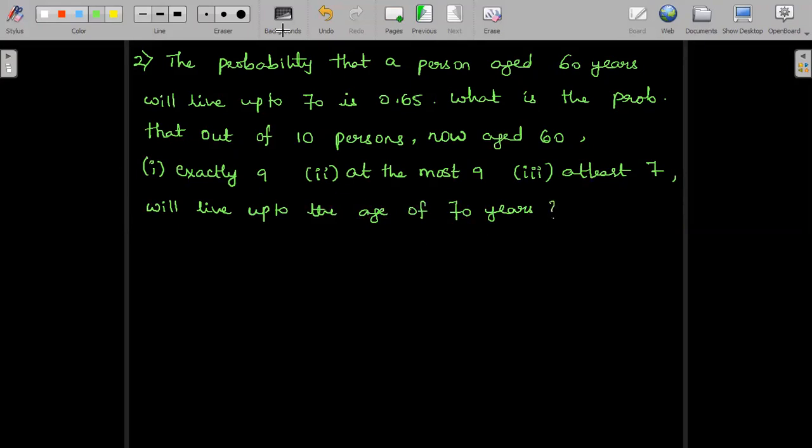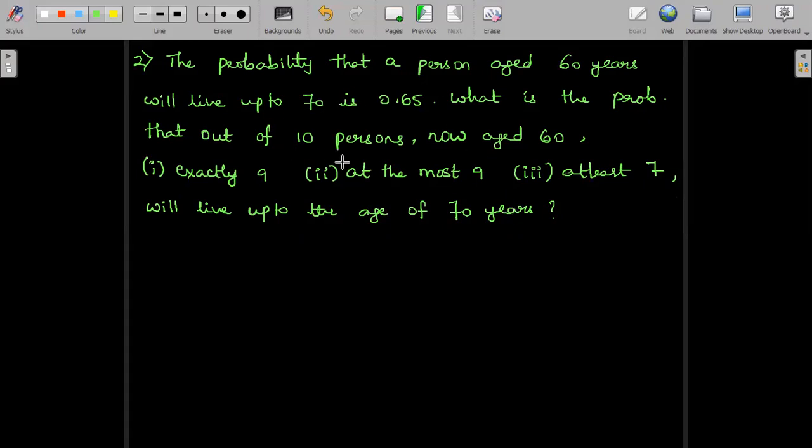So the question says something like this. The probability that a person aged 60 years will live up to 70 is 65% or 0.65. What is the probability that out of 10 persons, means we are considering only a sample n equal to 10, who are now aged 60, they will live up to the age of 70 years.